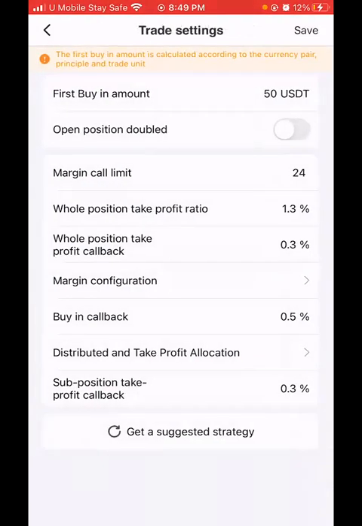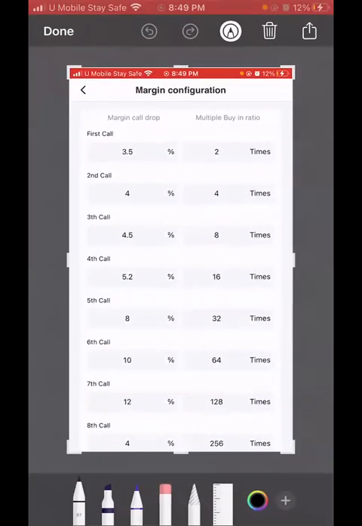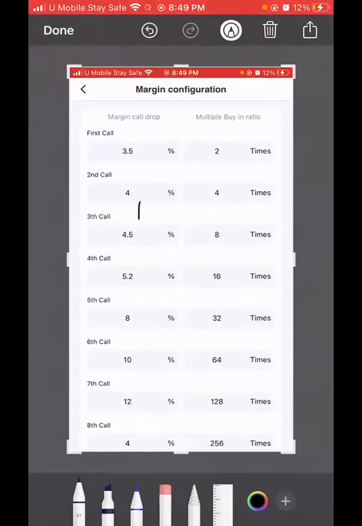Profit of what? Profit of the space between your margin calls. The space between your margin call, the space between here and here, this space. The space between the 8th call to this call is 8. The space between here to here is 10. Between 10 to 12 should be 10, yes.